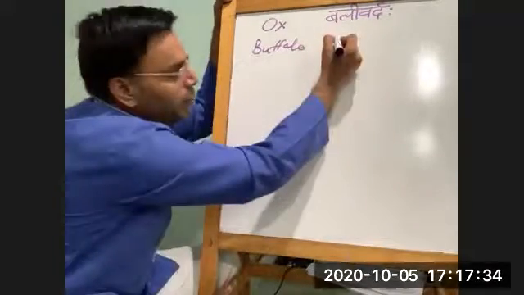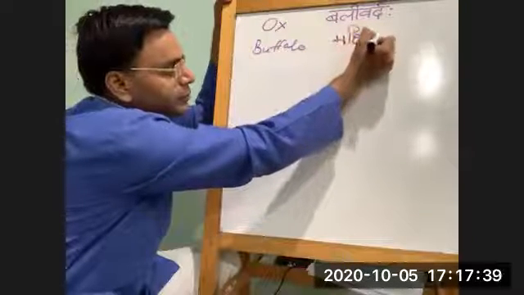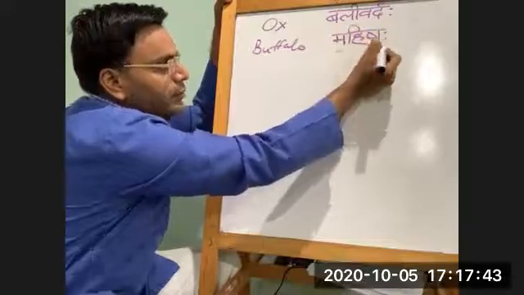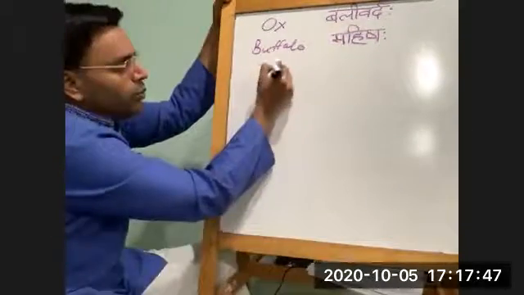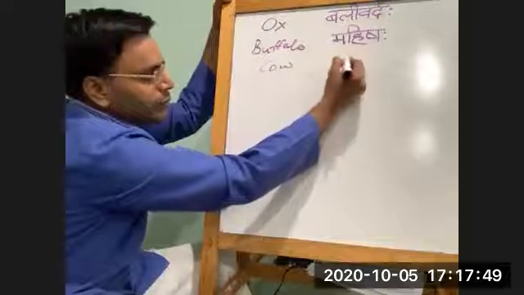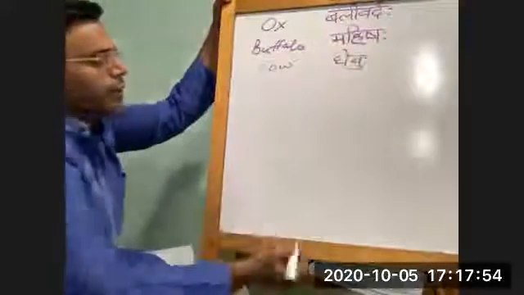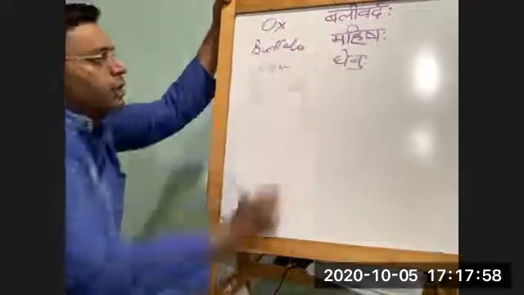Buffalo is called Mahisha. So cow is Dhenu. Buffalo is Mahisha. Ox is Valibradha.